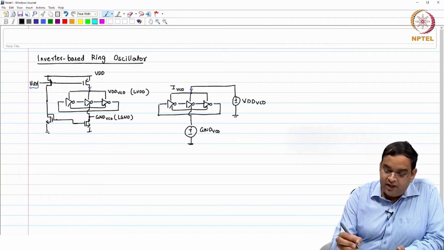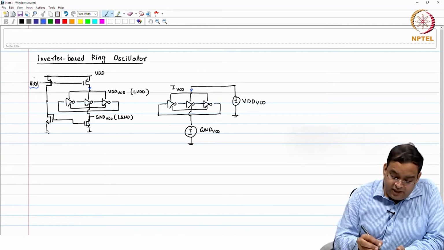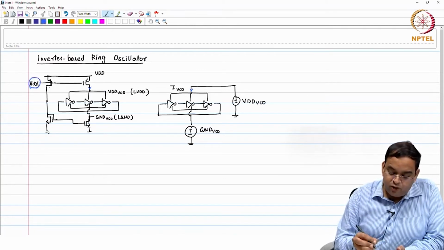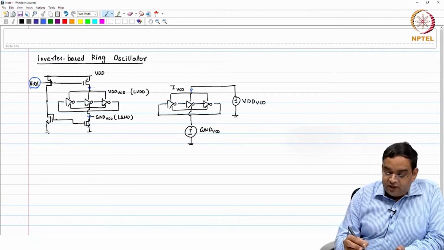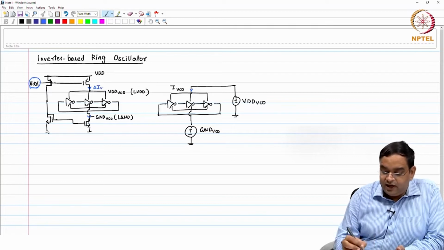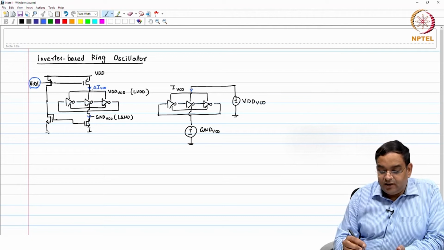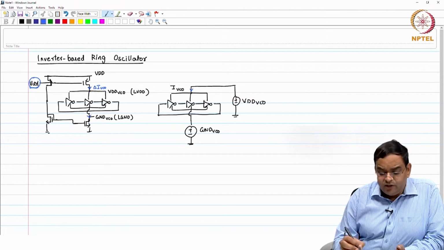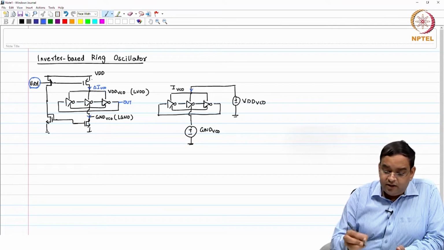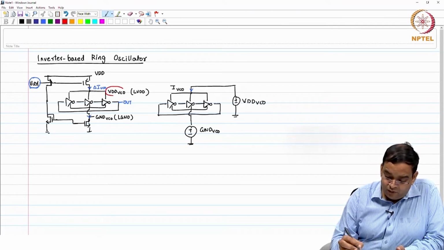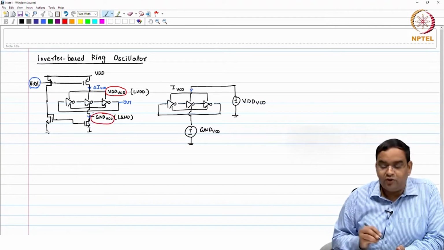The only difference is that in one case you control V control, and because of the change in V control you change the current, which I call delta I VCO. When you change the current in the oscillator and the frequency is some value, you automatically get the voltages VDD VCO and ground VCO.